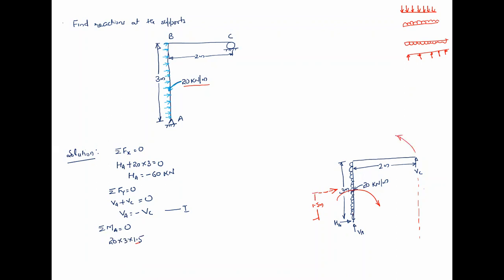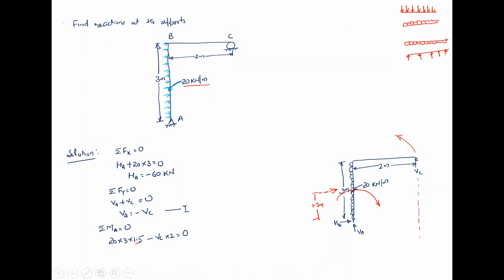Now VC will also produce a moment, in the anti-clockwise direction. So we have to take a negative sign for this moment. So you will get minus VC into 2. Why VC into 2?